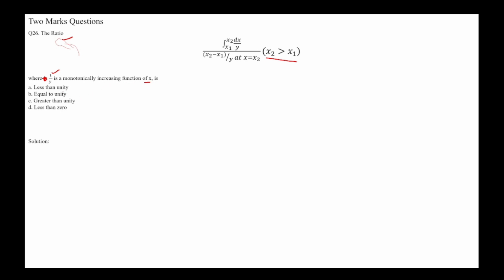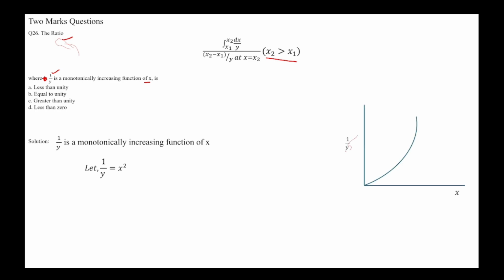What is the value of that ratio? So the very first thing, we have that 1 upon y is a monotonically increasing function of x. Let 1 upon y be x squared. So let's see the graph. Whatever the value of 1 upon y you take, the graph will be like this. So in place of 1 upon y, we will put x square.